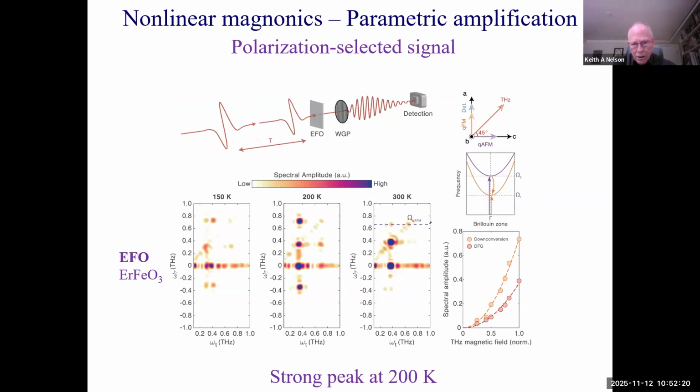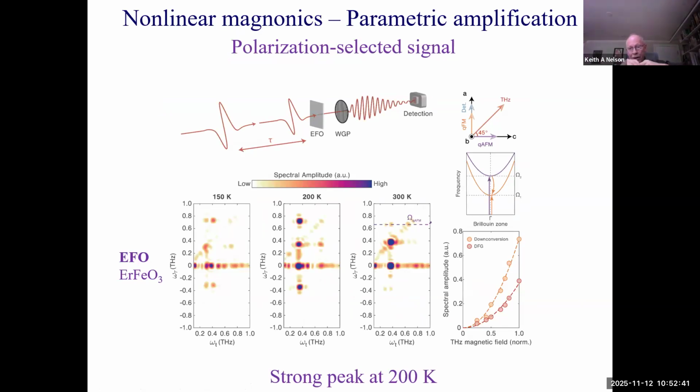Finally, we see one additional parametric amplification signal. That means if I drive the higher frequency mode and then drive the lower frequency mode, I get amplification of signal at the difference frequency, right?